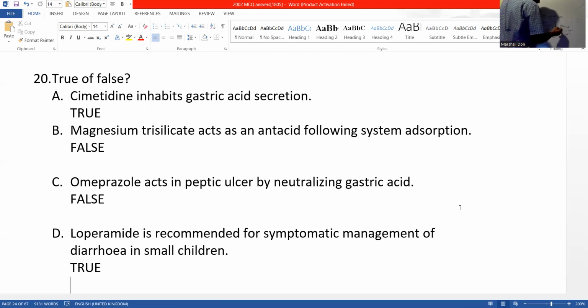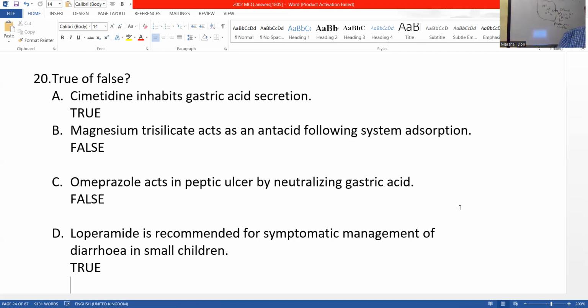For that, you get the proton pump. This proton pump is blocked by omeprazole.